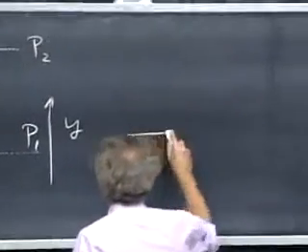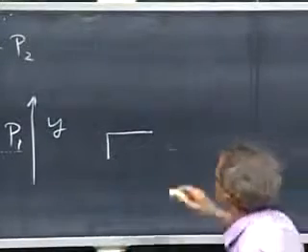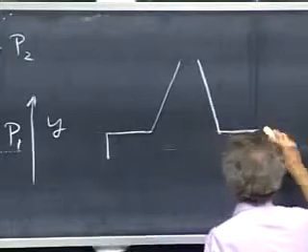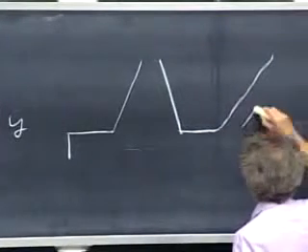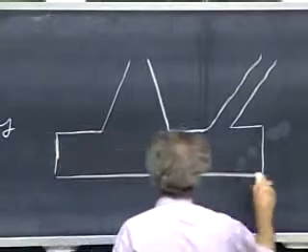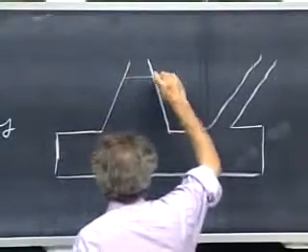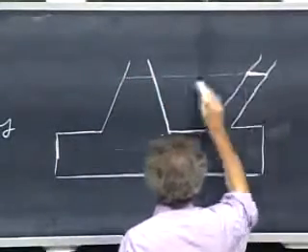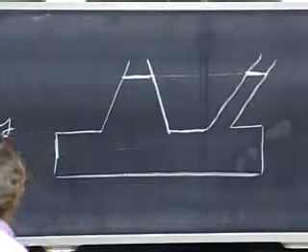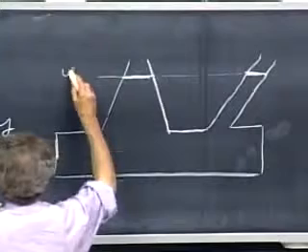This has quite bizarre consequences. Suppose I had a vessel that I fill with a liquid that had a rather strange shape, like so. So I would fill it with liquid to this level. And the level here is Y2.